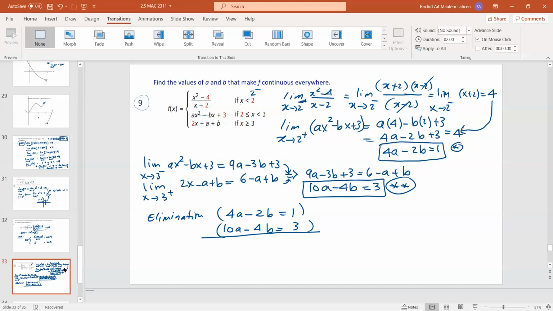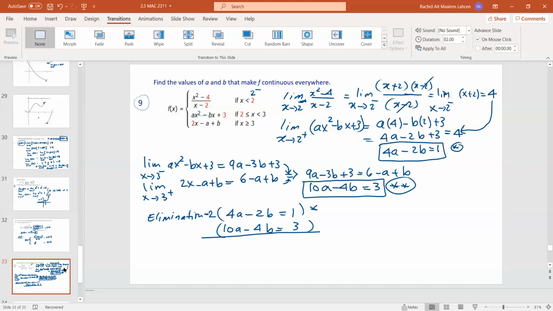Let's say I want to cancel the b variable. If I multiply this by 2, I get negative 4b, so that won't work. Let's multiply by negative 2, so we get plus 4b. So plus 4b minus 4b, okay.